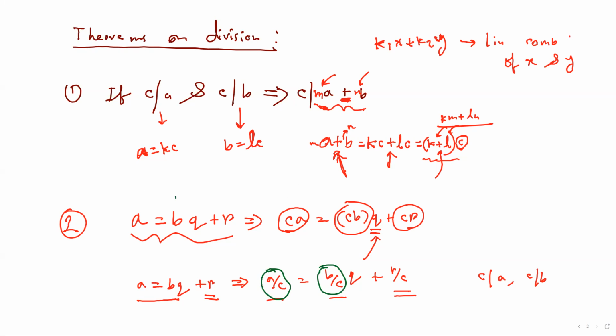Okay. And you know that if A and B are both divisible by C, then the remainder is going to be divisible by C as well.